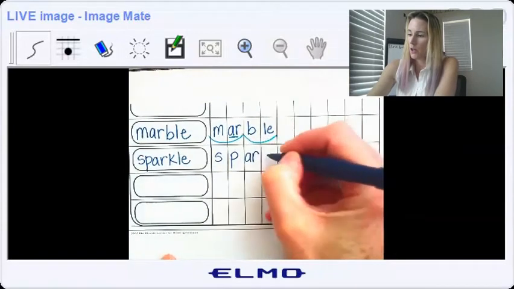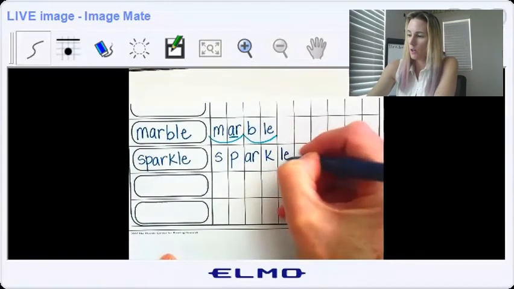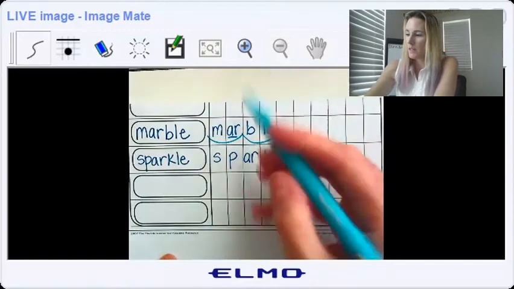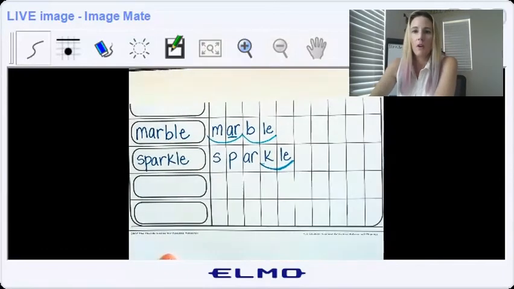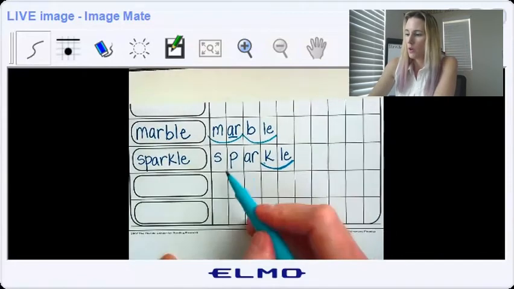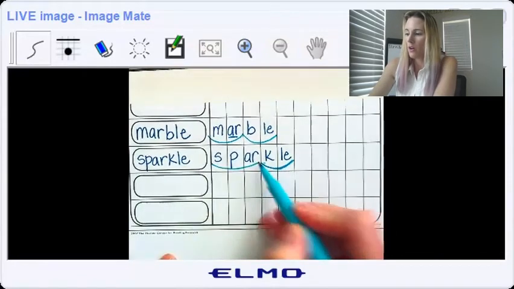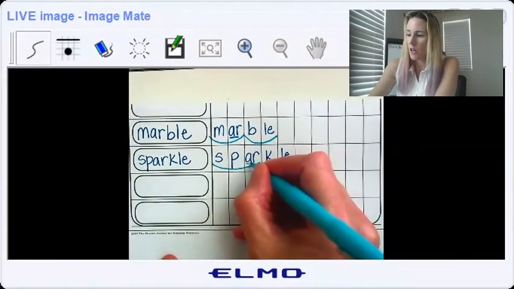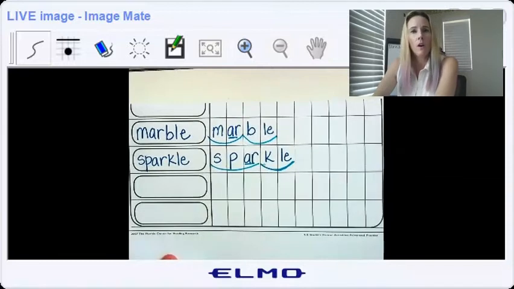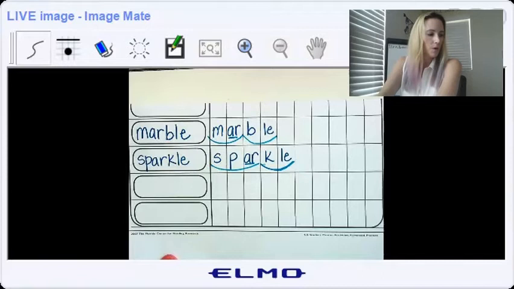Now this syllable, consonant-LE, is always going to be a syllable by itself. So we have spar-kle. So the syllables are spar-kle. That's how we build that word. Again, this is not a short vowel. This is a vowel R. So you notice we don't have any double consonants in this word.